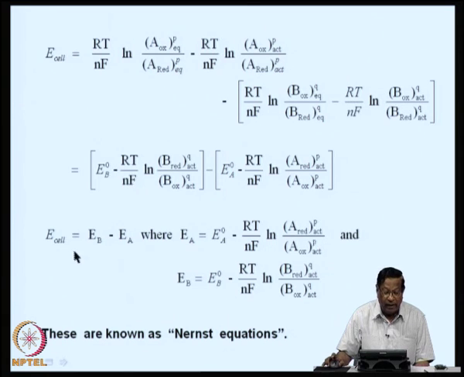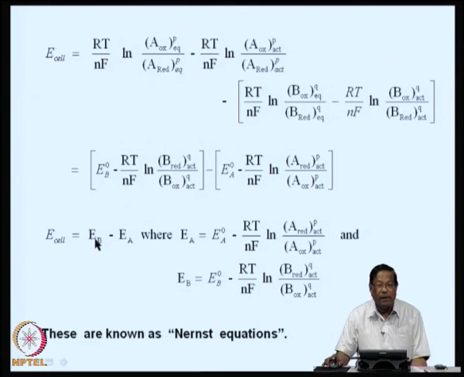So, the E cell is actually given by the difference between the two, that is the potential of cell B minus the potential of cell A, where the actual potential is given by E A is equal to E naught A minus RT by nF ln of the activity of the reductant multiplied by the number of moles.